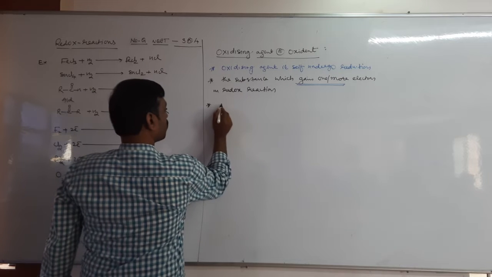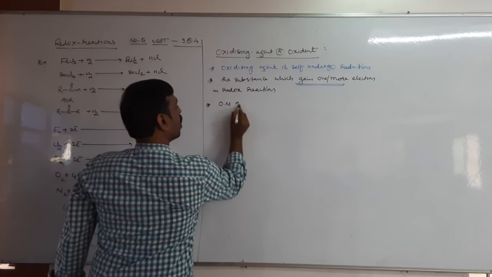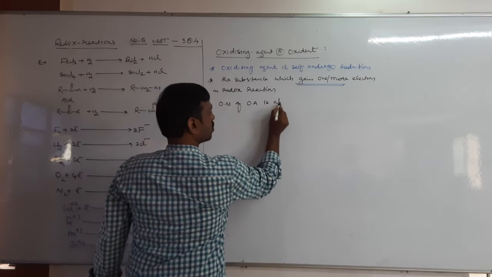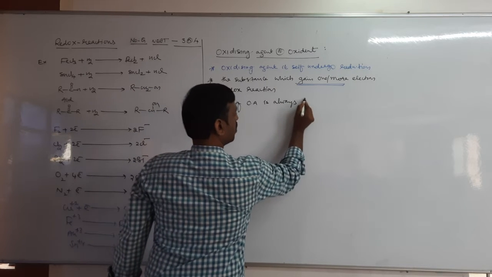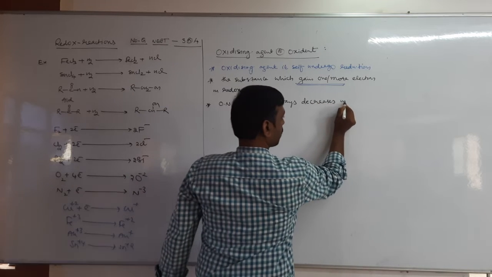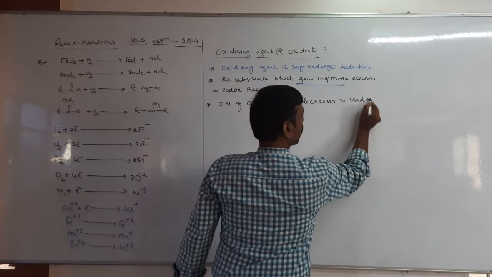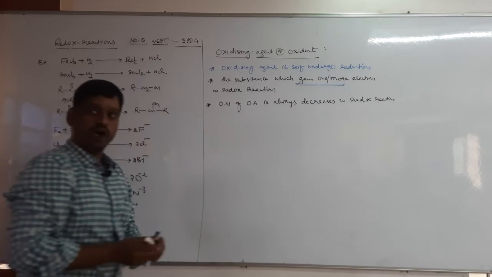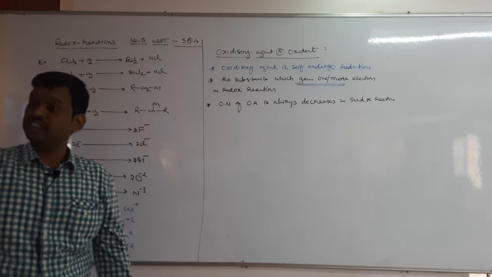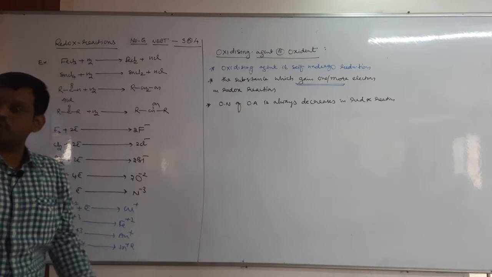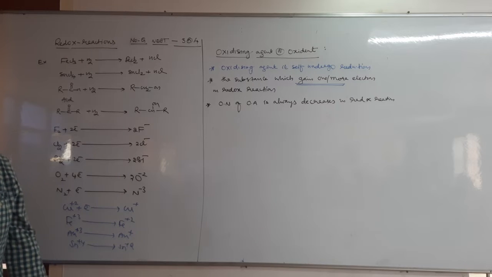Oxidation number of oxidizing agent always decreases in redox reaction. Therefore, the oxidation number of the oxidizing agent always decreases because it has to undergo reduction.